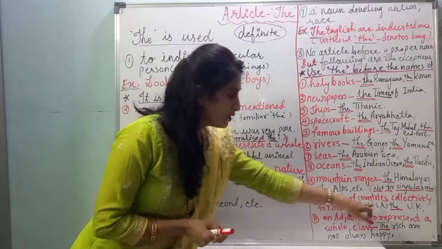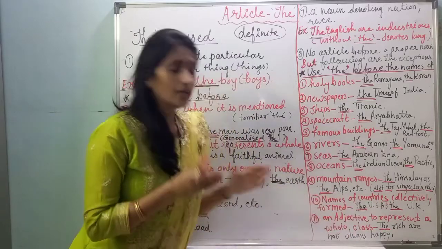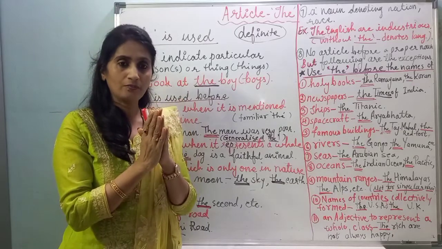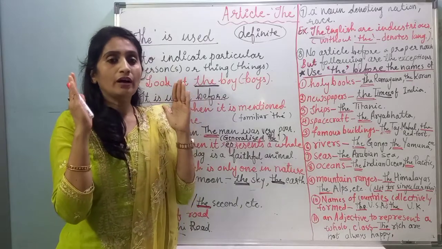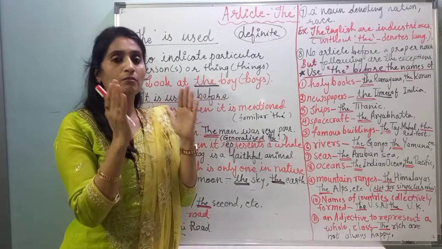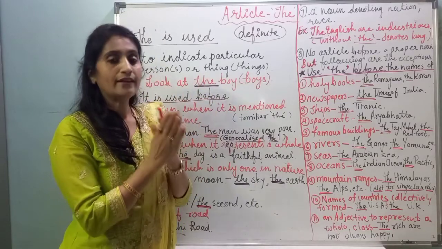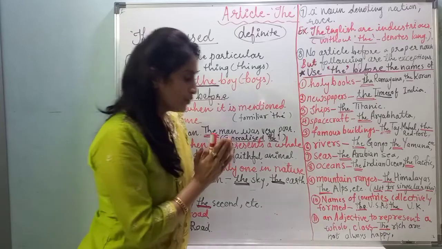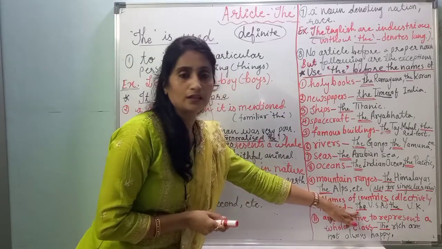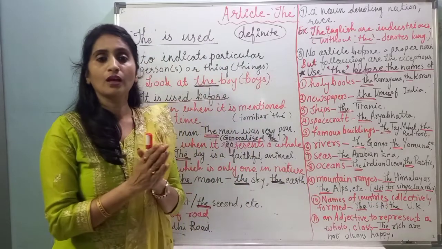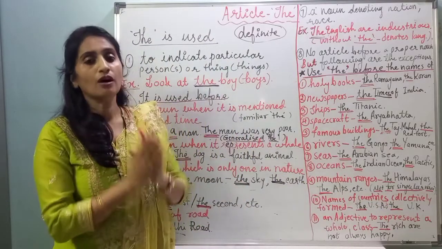Then, names of countries collectively formed. If the countries are collectively formed, it is a collection. If you are talking about any collectively formed countries, that time you should make use of the article the. For example, USA, United States of America.